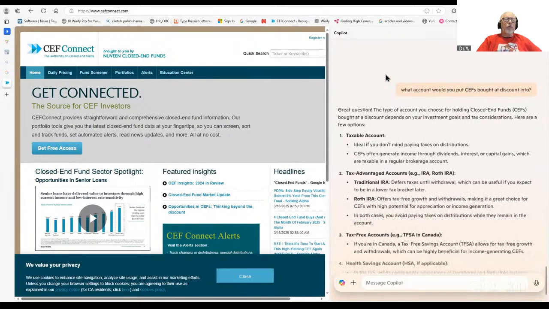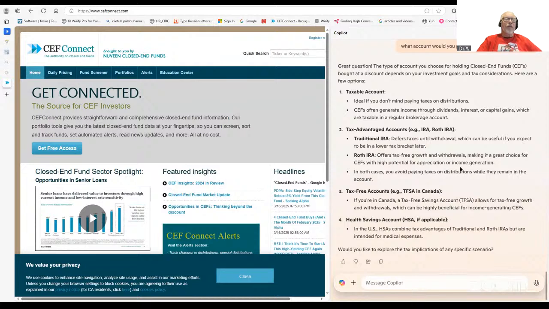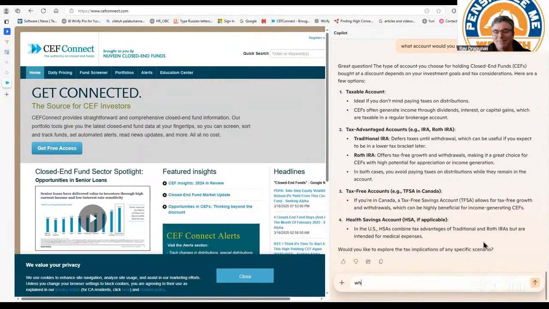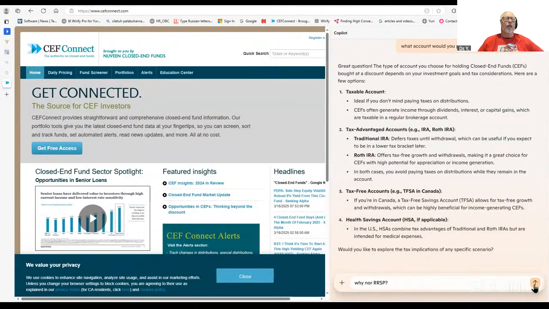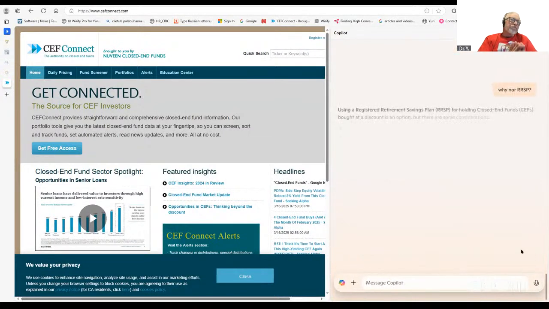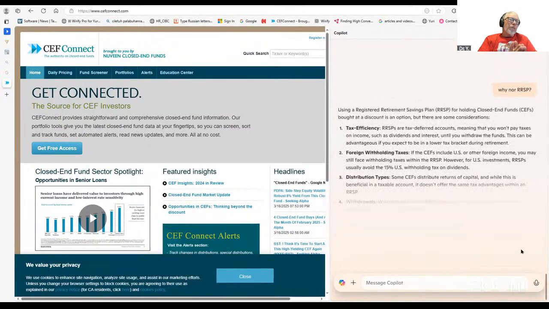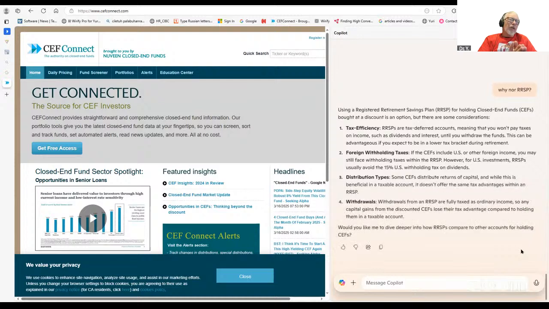Taxable account, tax-advantaged account, TFSA as in Canada, and it doesn't mention RRSP. So our intelligence needs a little bit of schooling, and we're going to ask it, why not RRSP? All right, so rookie mistakes.